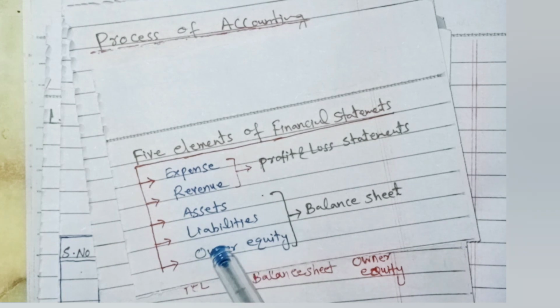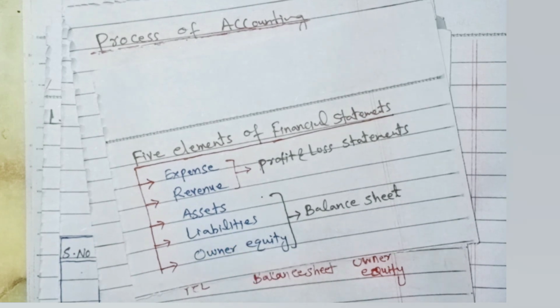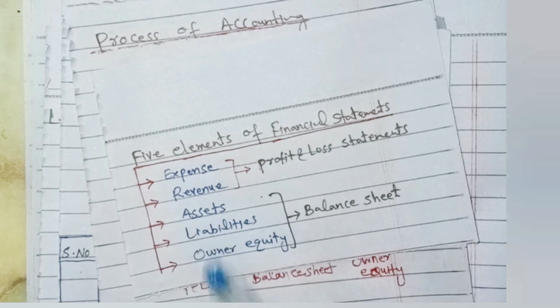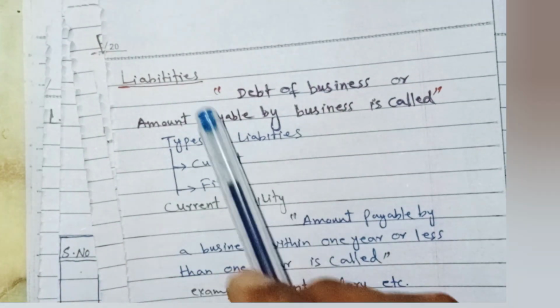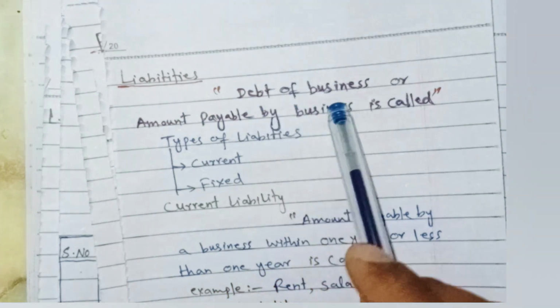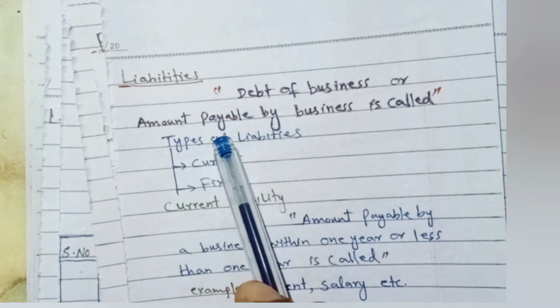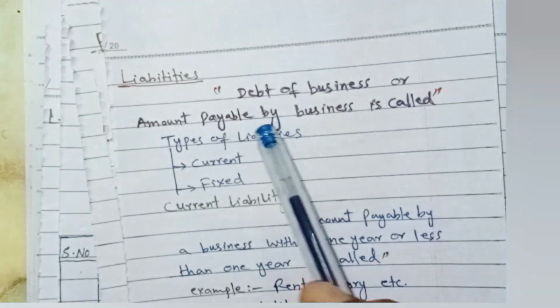Okay, I will explain with you the liability. It means the fourth element of financial statement. I am going to explain with you liability. What is liability? Liability means debt of business or amount payable by business is called liability.